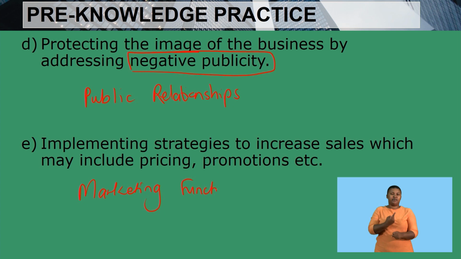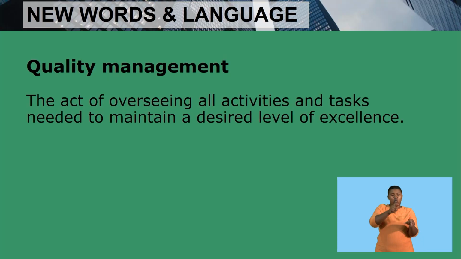So remember, it is always necessary to understand what the responsibilities of all the functions are to help us to know the quality indicators of each function. So this is our new word for today, and we are going to talk about this a lot, quality management. Now, quality management, remember when we refer to management, we manage tasks.